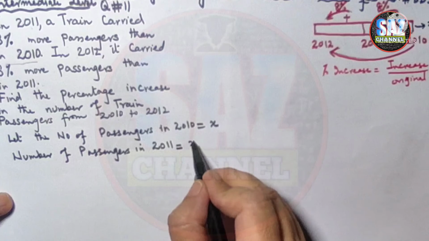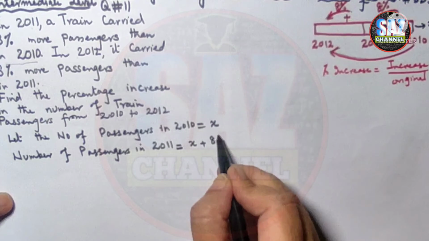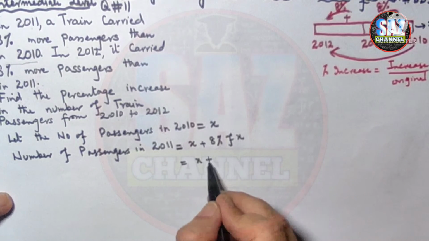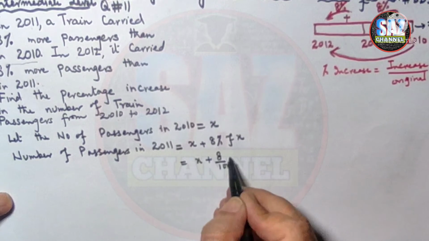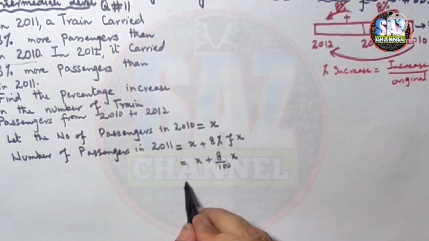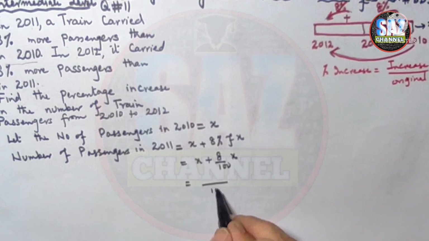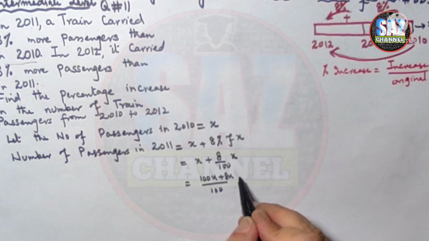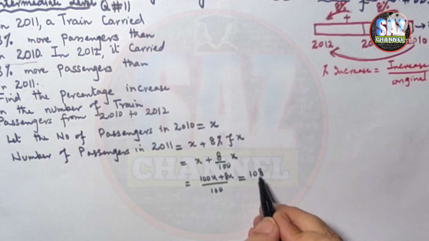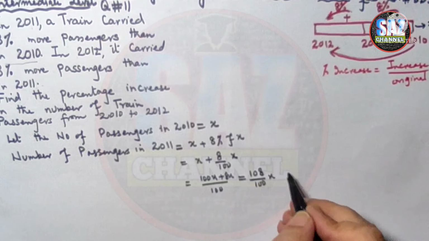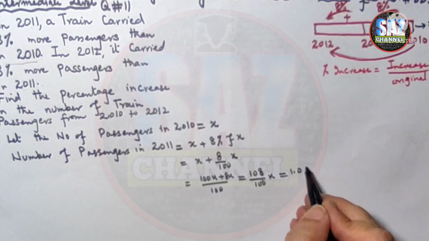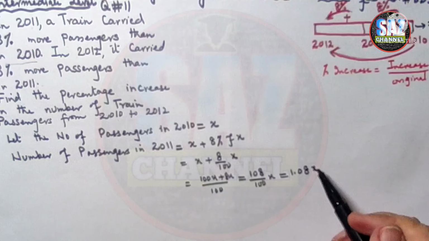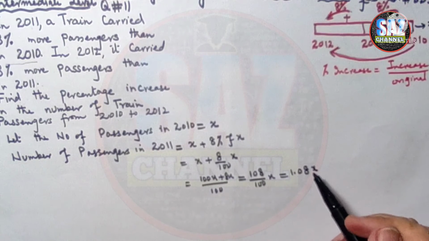So x plus 8% of x, so x plus 8 over 100 x. Take the LCM 100 and this will become 100x plus 8x, which is equal to 108 by 100 x, or we can write it as 1.08x. This is the expression for the number of passengers in 2011.